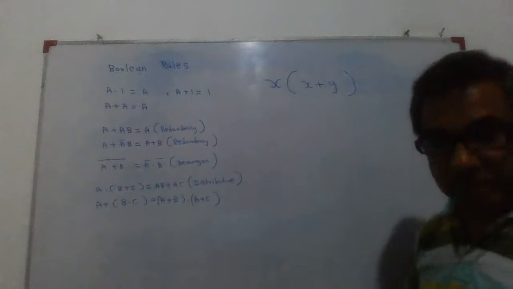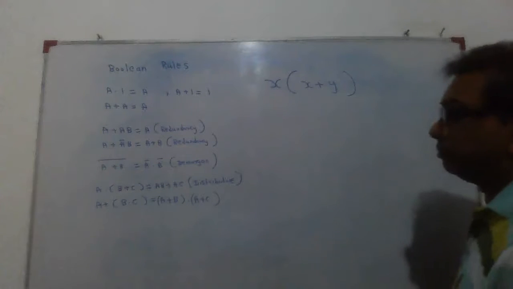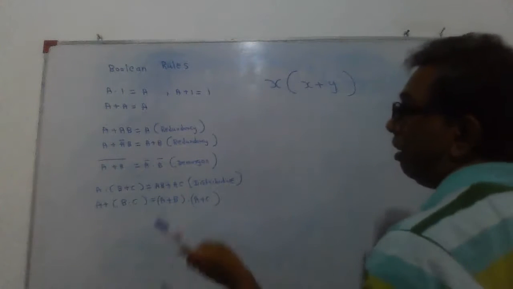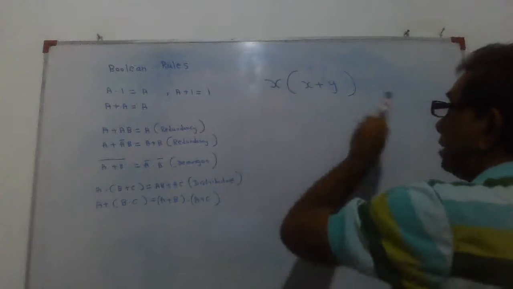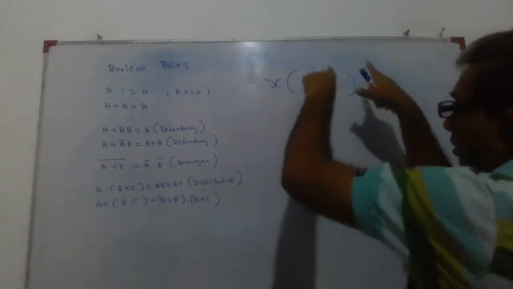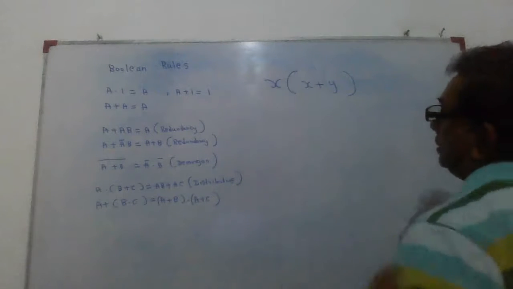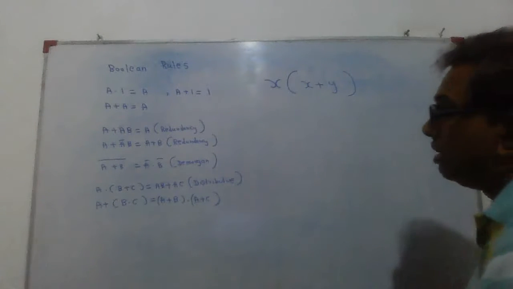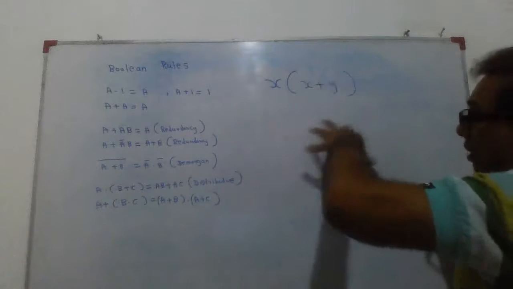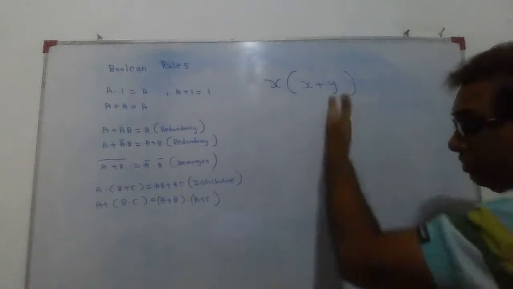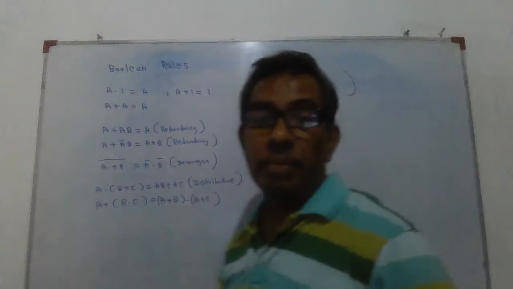It is something like this. We need to multiply, so the second part is within the bracket. Here we have x. Before getting common terms, we cannot get common terms from here. We need to multiply.